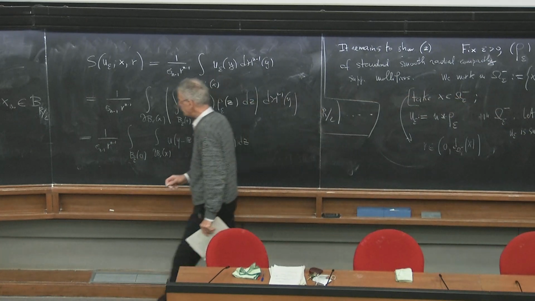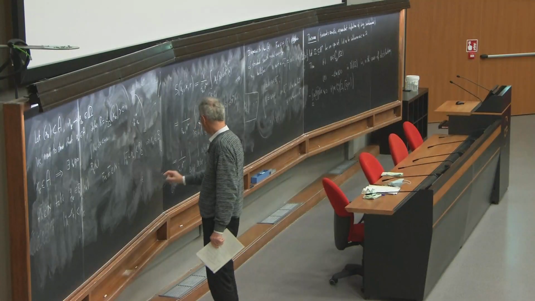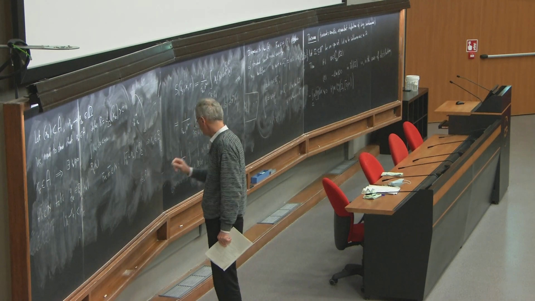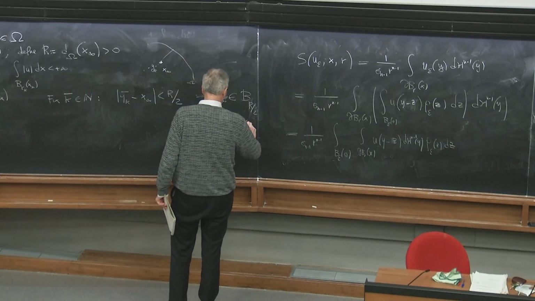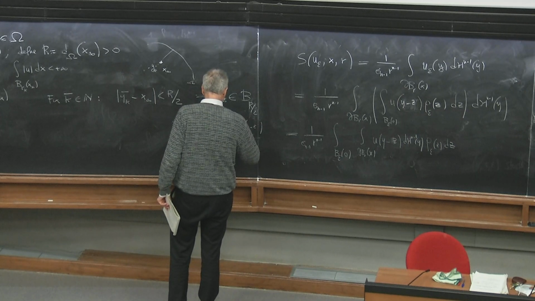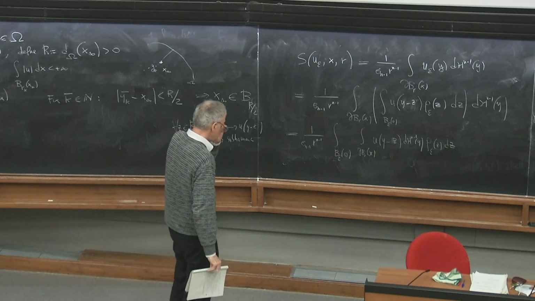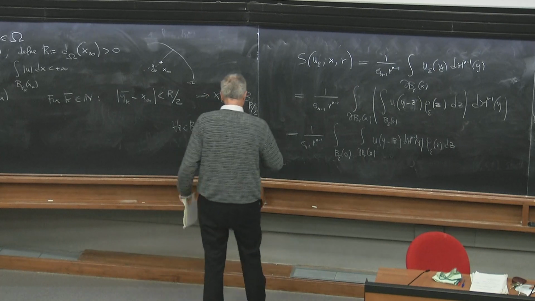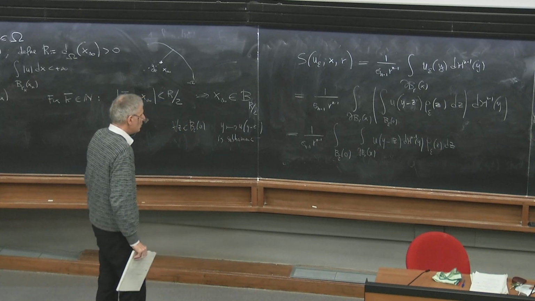So for any z in B epsilon 0, the map y to u of y minus z is subharmonic in omega epsilon minus, where defined.